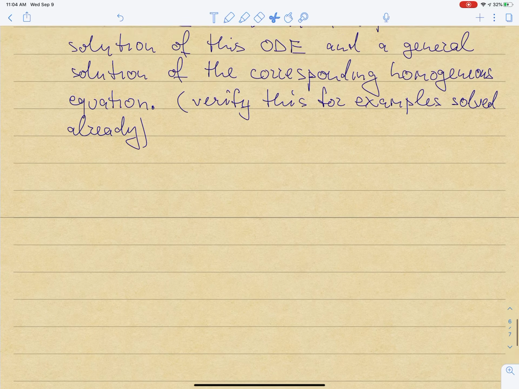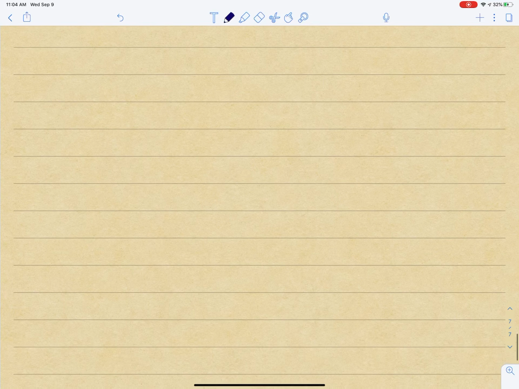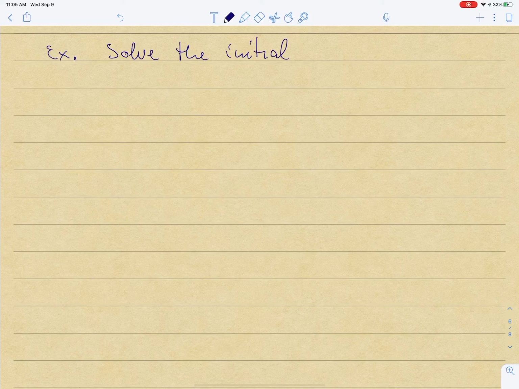Okay, maybe one or two more examples. Yes, let's see. So, example. Let's try to solve the initial value problem. Let me see what I want to solve here.